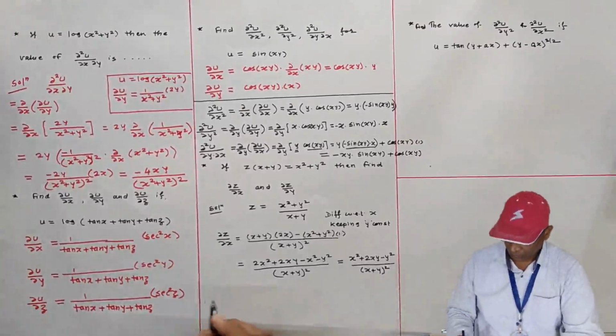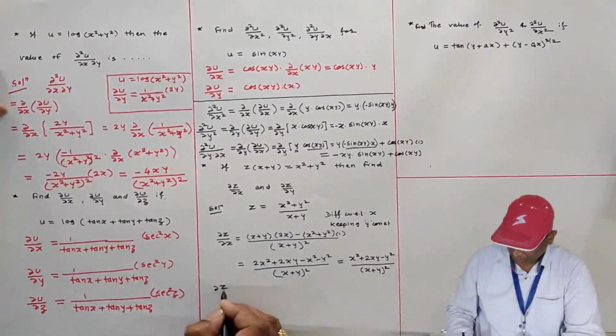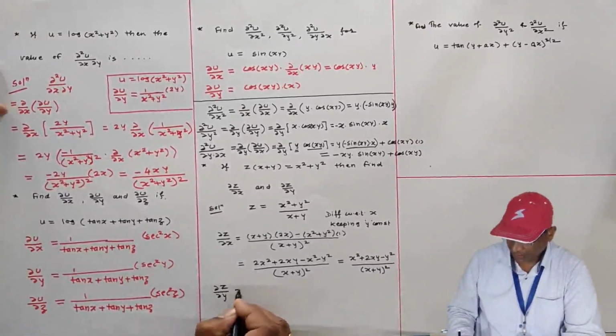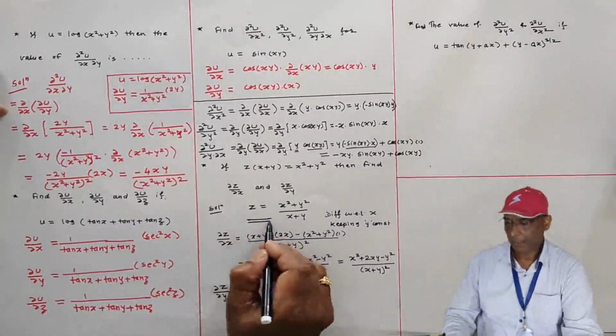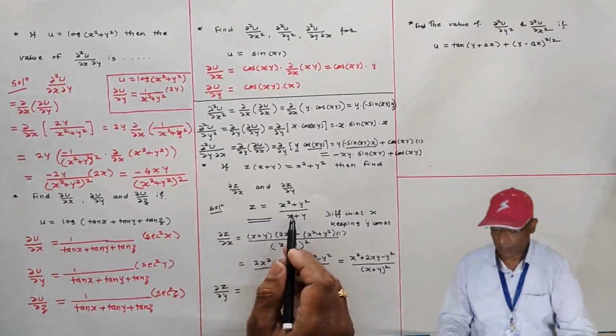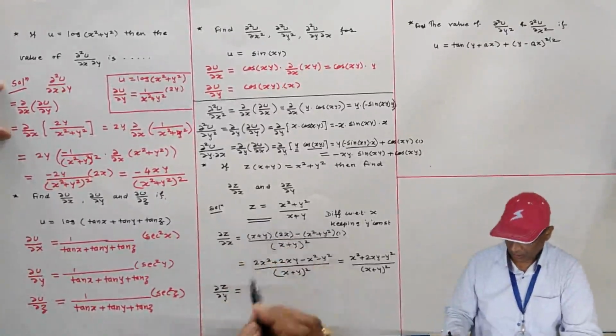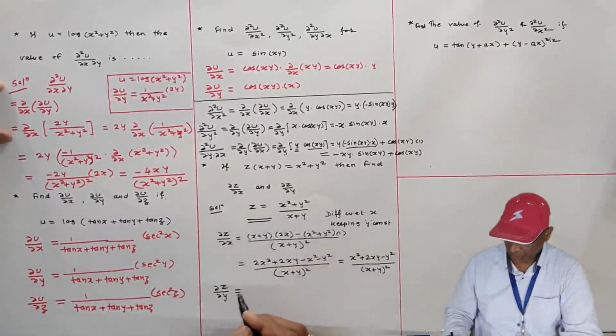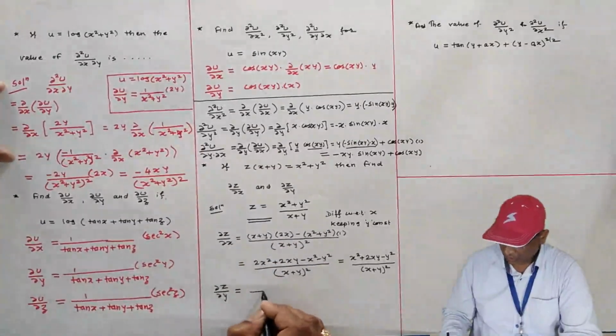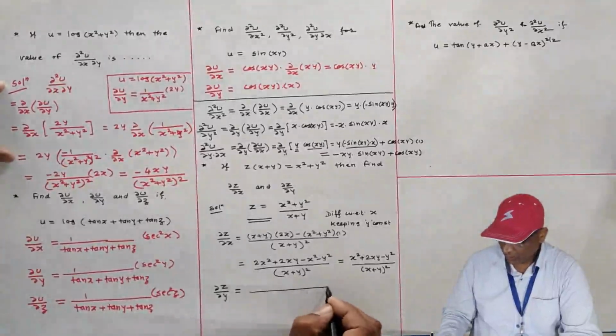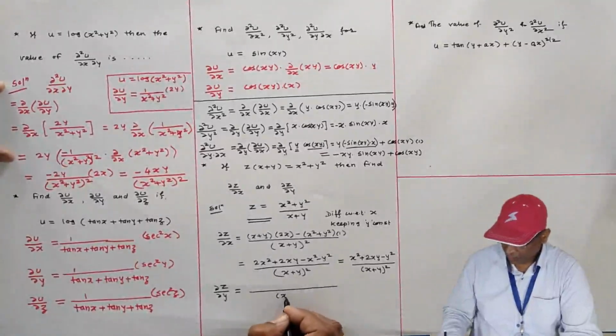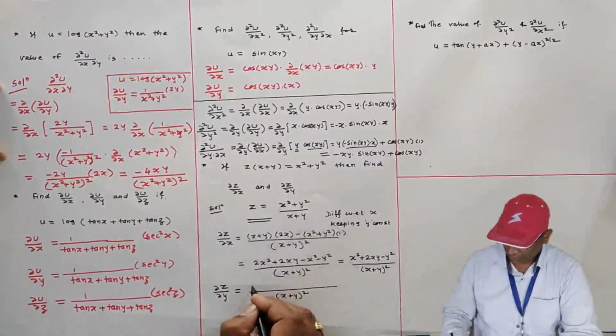Okay, now del z by del y I want. Take the derivative of z with respect to y, keeping x constant. y is present in the denominator as well as in the numerator. Therefore, again the quotient rule I have to use. Denominator square.